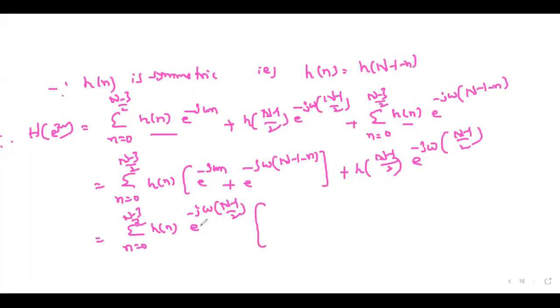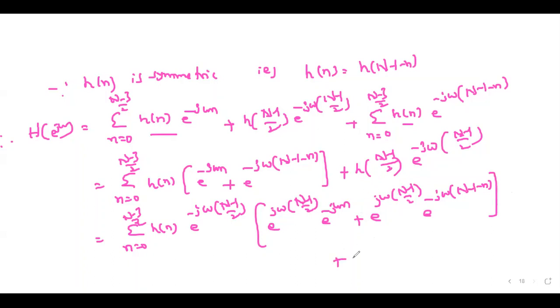Since it is not taken common, it's an extra term, I should use e power j omega of (N minus 1) by 2 for this term into e power minus j omega n. Similarly, to this also I should do it extra: e power j omega of (N minus 1) by 2 into e power minus j omega of N minus 1 minus n, plus as it is this term, h of (N minus 1) by 2 into e power minus j omega of (N minus 1) by 2.